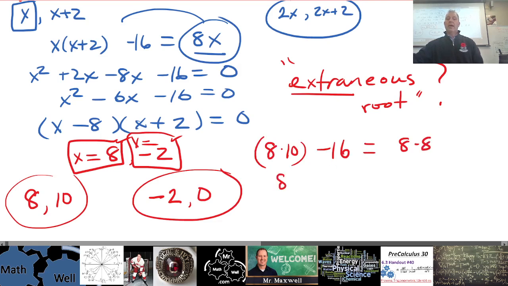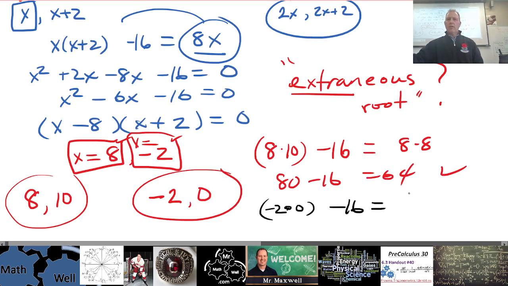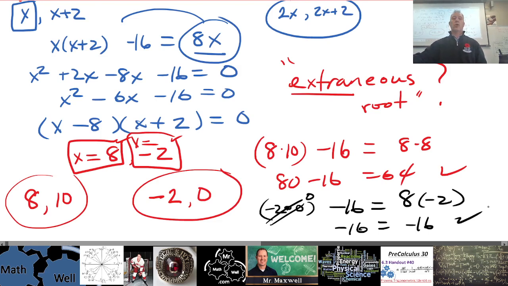Is that true? 80 minus 16 equals 64? True. Nice. What about these two? Negative 2 times 0 minus 16 equals 8 times negative 2. Well, that's 0, so negative 16 equals negative 16. That's also true. So those two pairs work out.